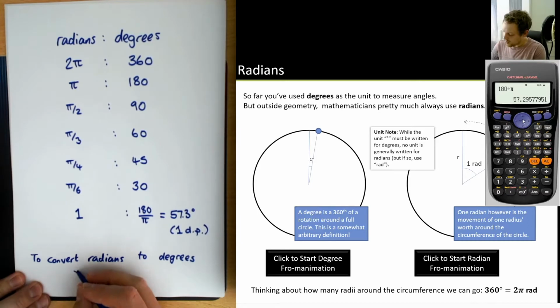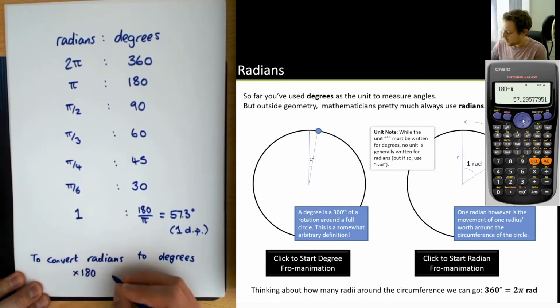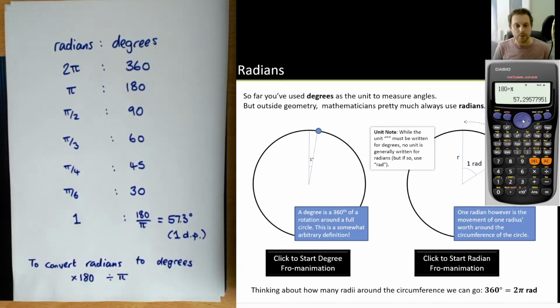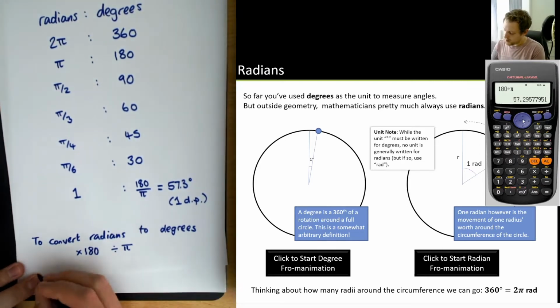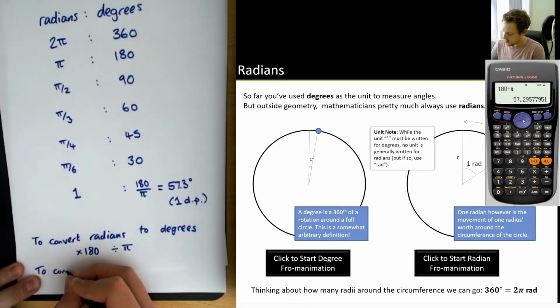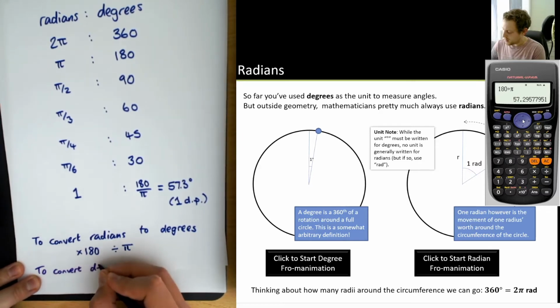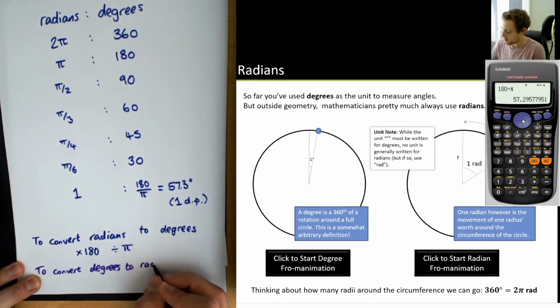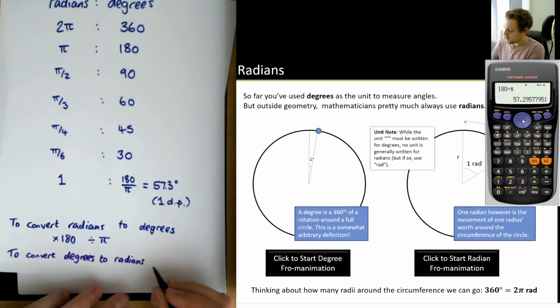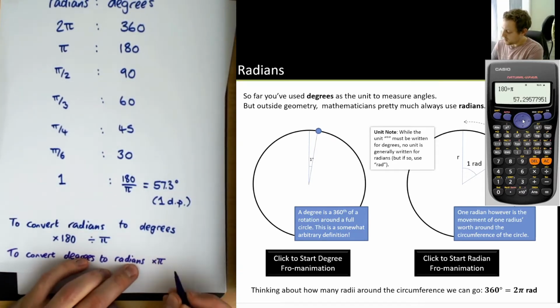So times by 180 and then divide by pi. And if you want to convert degrees to radians, which is, I guess, the kind of thing you'll have been doing already, you times by pi and then divide by 180.